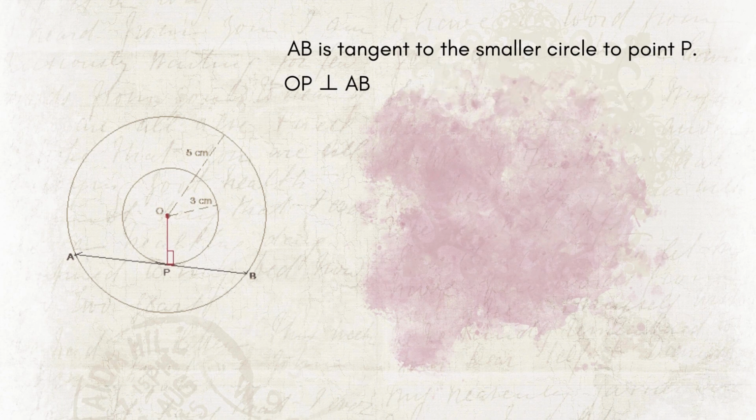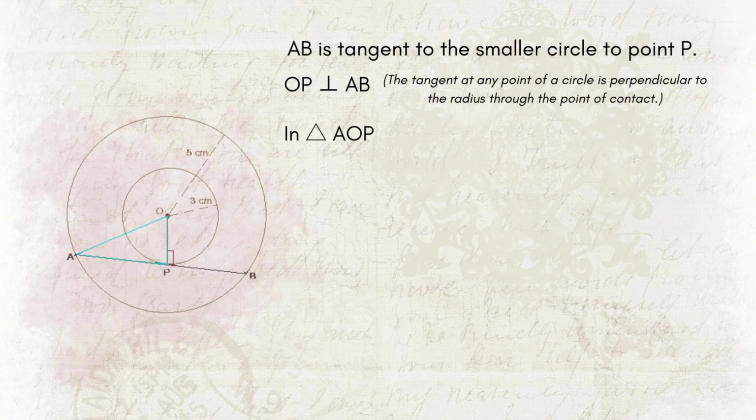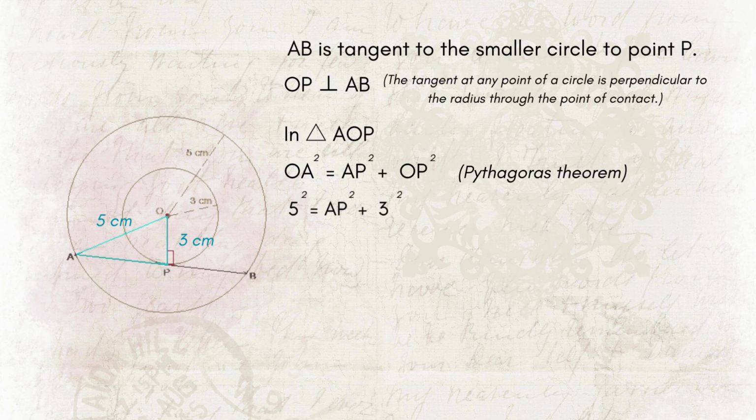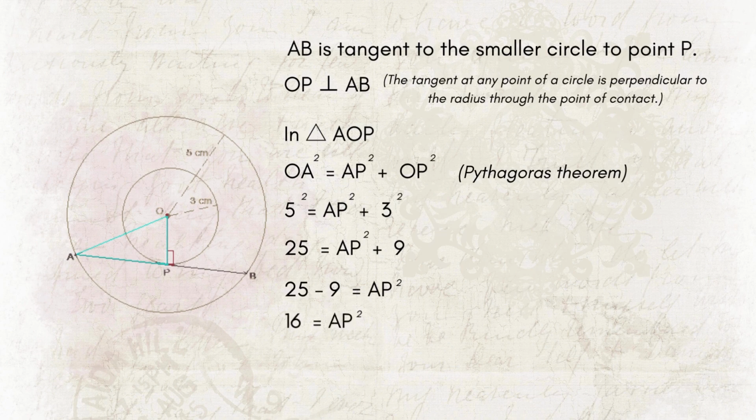Now using Pythagoras theorem in triangle AOP, OA square is equal to AP square plus OP square. First we would find out AP, which gives us this. Upon solving this, we get AP is equal to 4 centimeters.